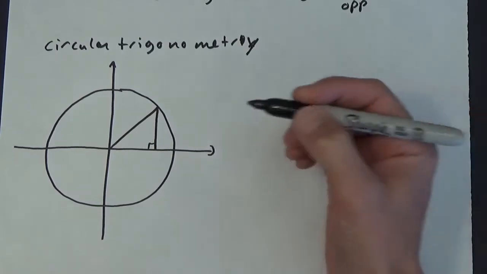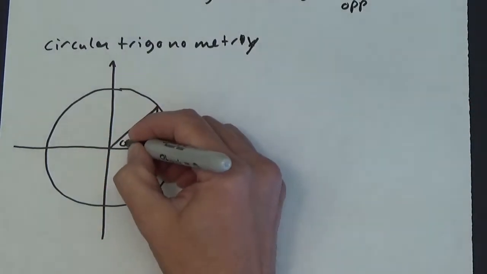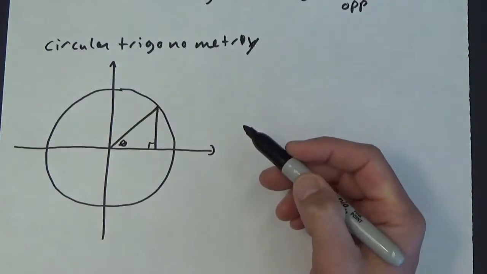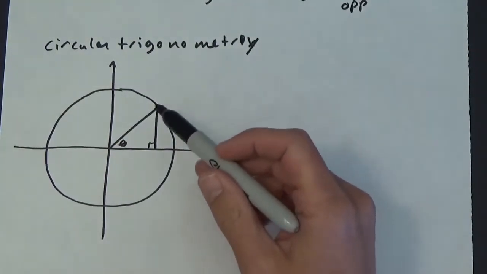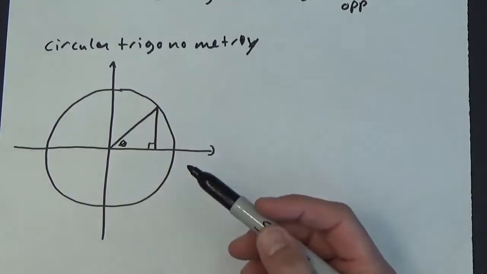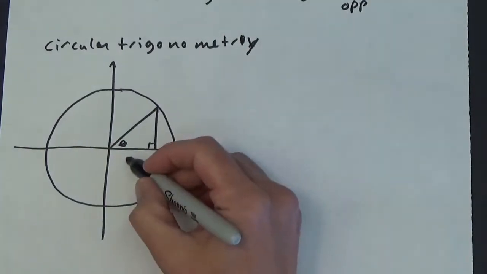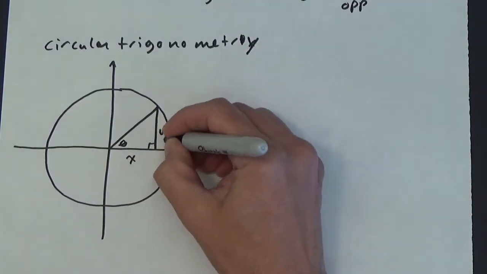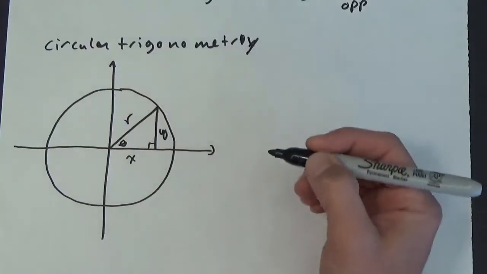And so here's our angle theta. And instead of having opposite, adjacent, and hypotenuse, we're now going to call this x, this y, and this r.